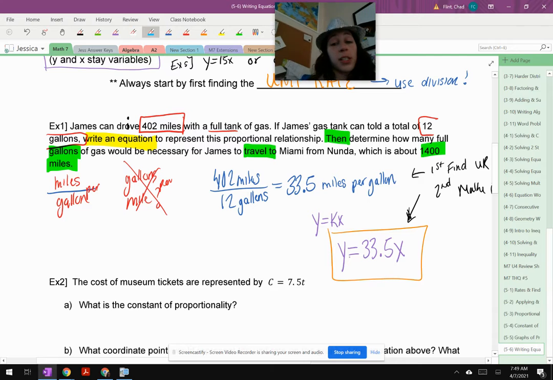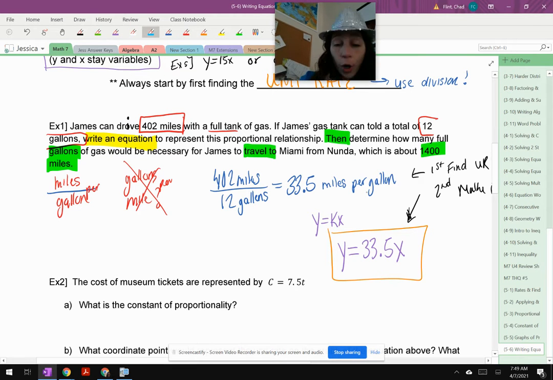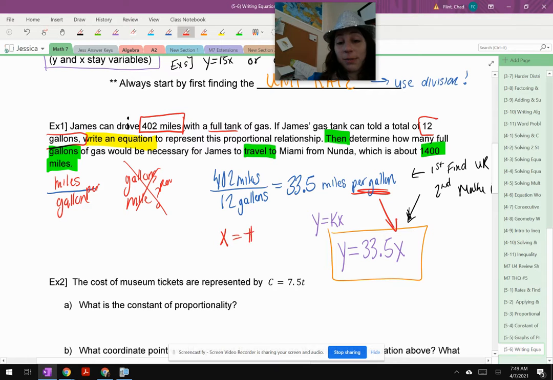The question is, does it get plugged in for y or for x? Well, in this situation, with miles per gallon, the per gallon part tells me that is the x. X is the number of gallons, because that's the per.